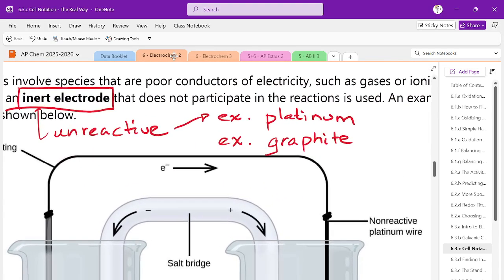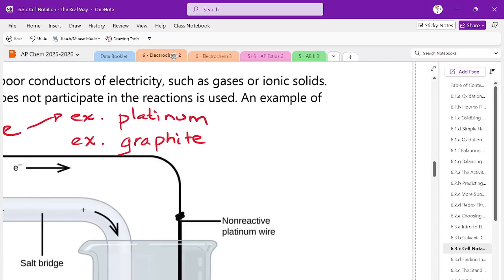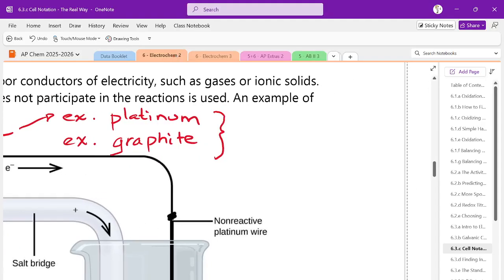Now, the thing about both platinum and graphite is they both conduct electricity, so the electrons can flow through them. They both conduct electrons, but neither will gain electrons or lose electrons.